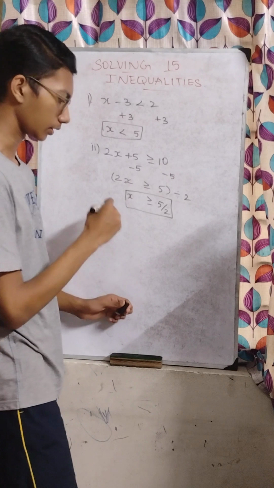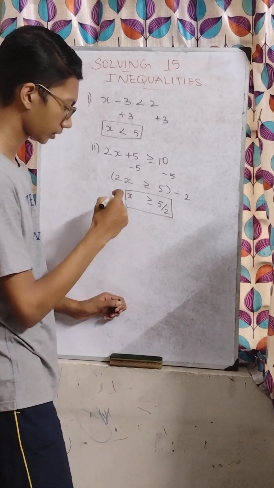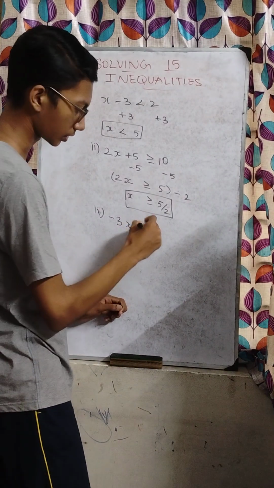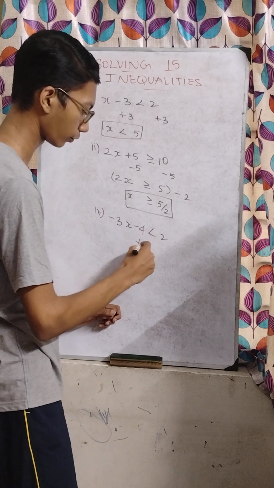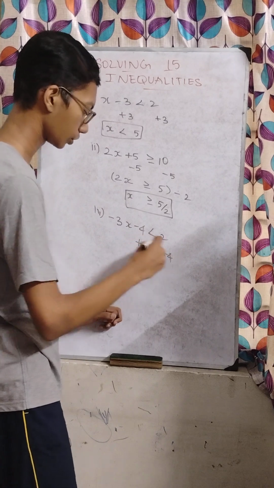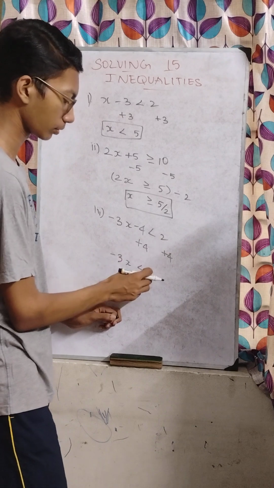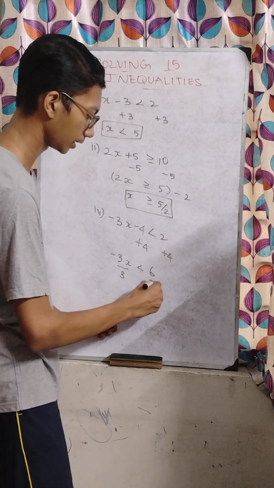Now the third question is minus 3x minus 4 is less than 2. Here we add 4 on both sides. So we get minus 3x is less than 6, keeping the symbol the same. Now divide both sides by 3.